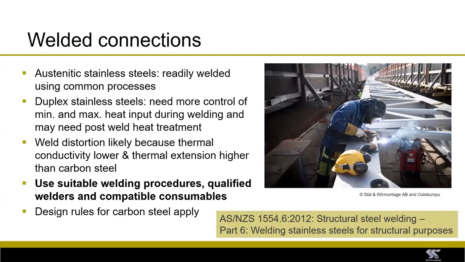Weld distortion needs to be taken into account because of the thermal properties, as Francisco was talking about earlier. But like for carbon steel, use suitable welding procedures, qualified welders, compatible consumables, and indeed you have a code on structural steel welding for stainless steel, AS/NZS 1554 Part 6.